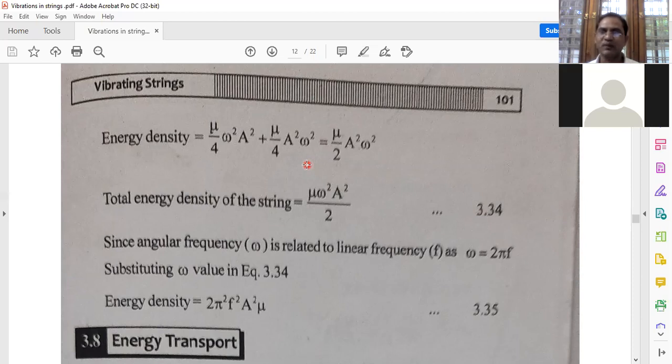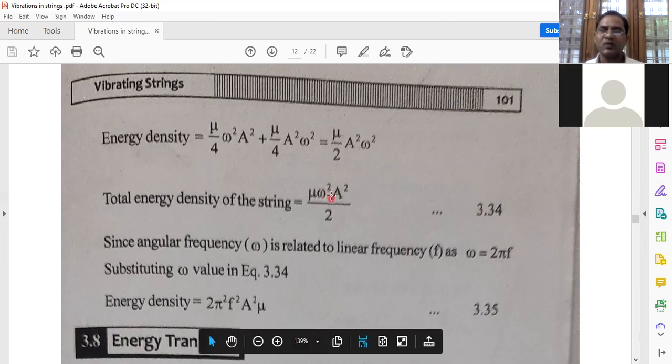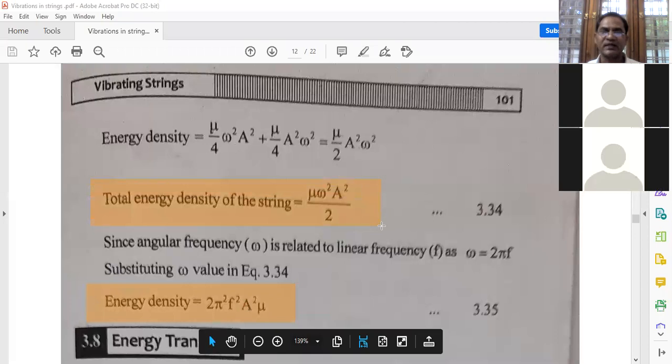But the angular frequency ω equals 2π times the frequency f. If you substitute that value, ω² equals 4π²f². So finally, the total energy density of the string, 1/2 μω²a², with ω = 2πf substituted, becomes 2π²f²a²μ.